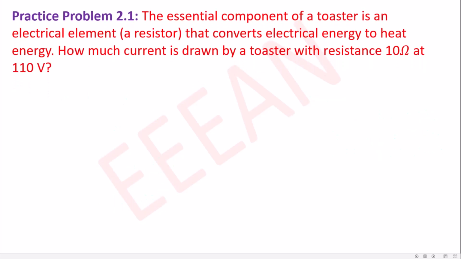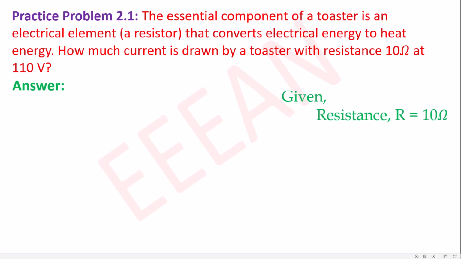Next, practice problem 2.1. The question says the essential component of a toaster is an electrical element that converts electrical energy to heat energy. How much current is drawn by a toaster with resistance 10 ohm at 110 volt?